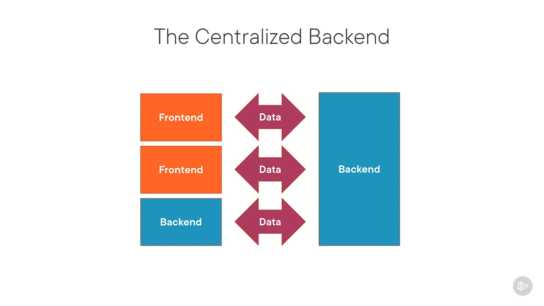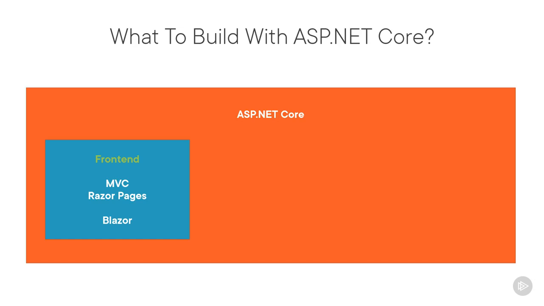ASP.NET Core lets you build powerful front and backend applications. It contains 3 distinct application styles to create front ends: MVC, Razor Pages and Blazor. But that's not all. For backend applications, there is Web API and gRPC.